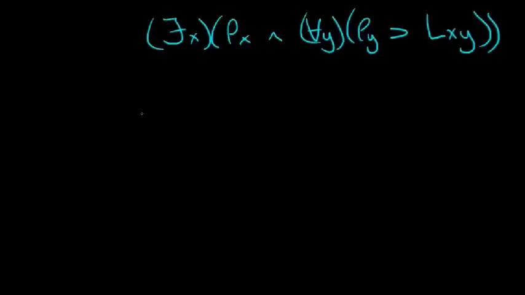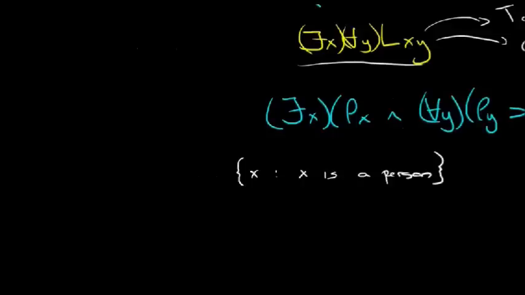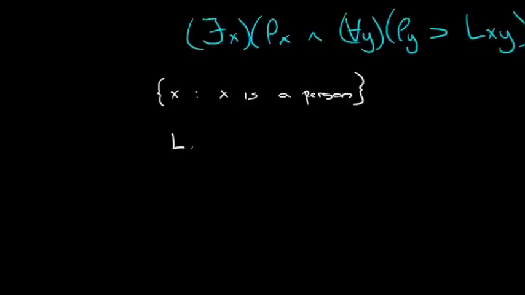And the way we do that is by adding in our key this little curly bracket, and we'll say x is a person. So now with that in our key, let's write a key for this one. We've just got likes as our only predicate there.